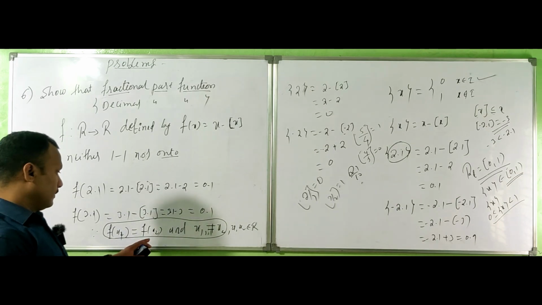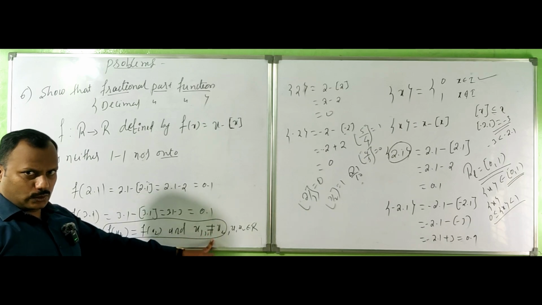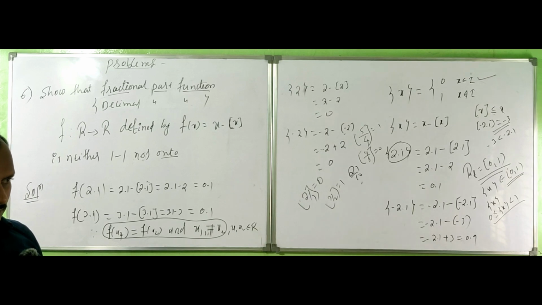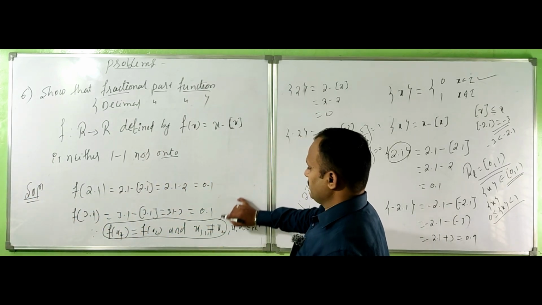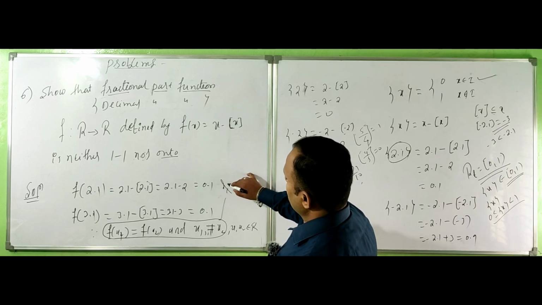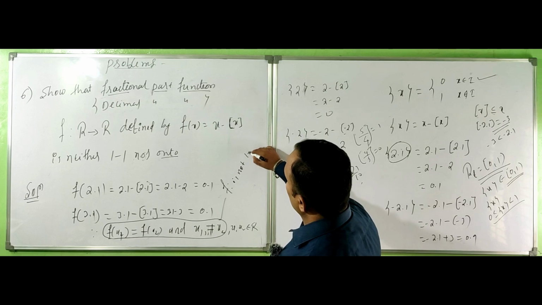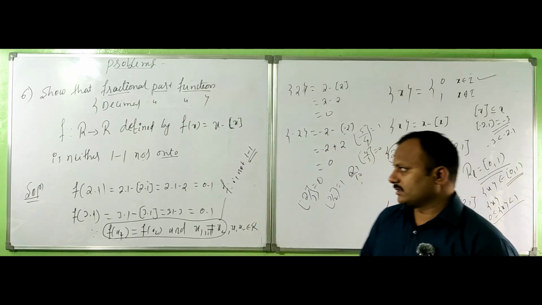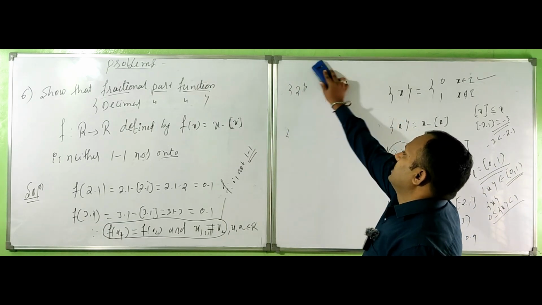So you can also say two elements are equating to one element. The two different domain elements are giving the same element. By this condition, f is not 1-1. Two different domain elements are giving the same range element.